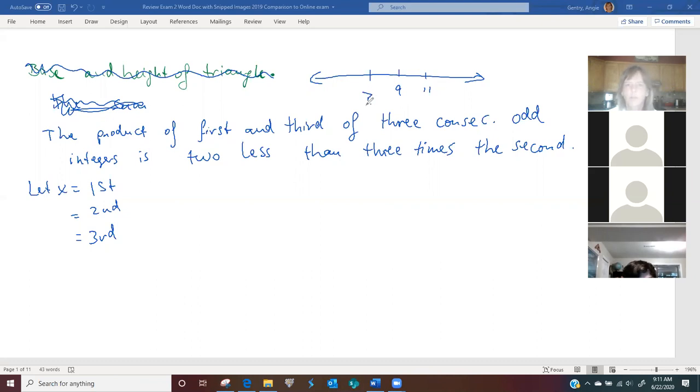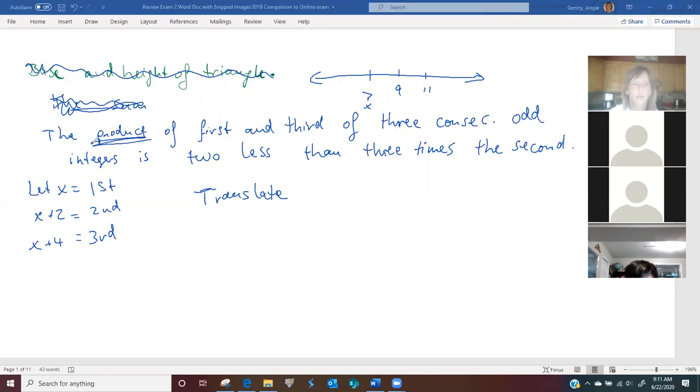So if x is the first one, then the second one is 2 bigger and the third one is 4 bigger. You see? And then translate, that's what people can't do. They can't set it up and they can't translate. Translate is you're going to turn this word mess into an equation that you can then solve. And once we get to the equation, people don't have a problem usually. It's that translating.